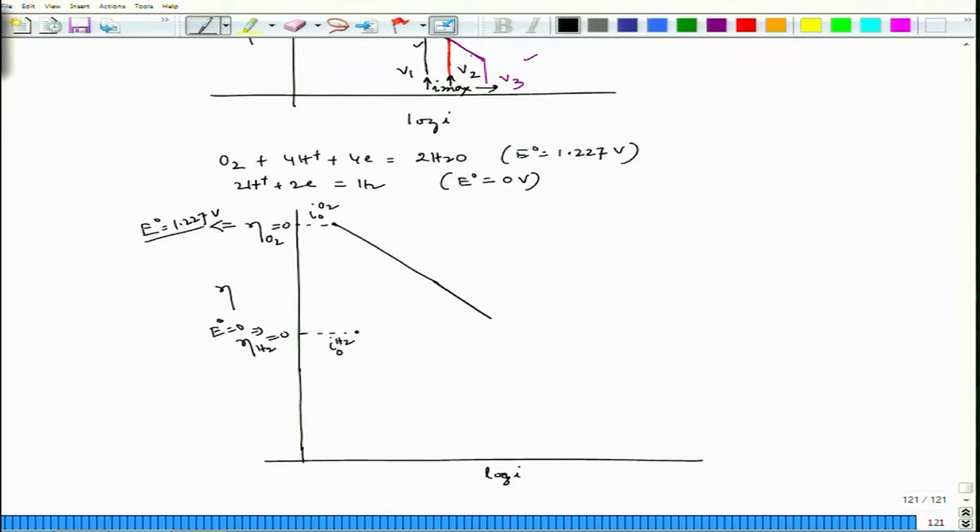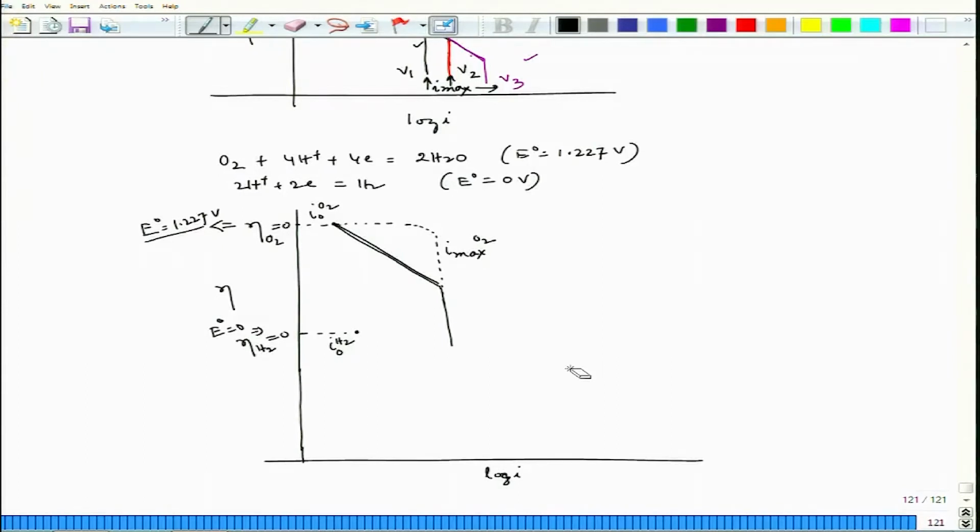Let us say this is my activation polarization of oxygen reduction. Let us say this is my I max for oxygen reduction. So, it can come up to this point, and then it will take this particular path. So, this path is out as per our understanding.